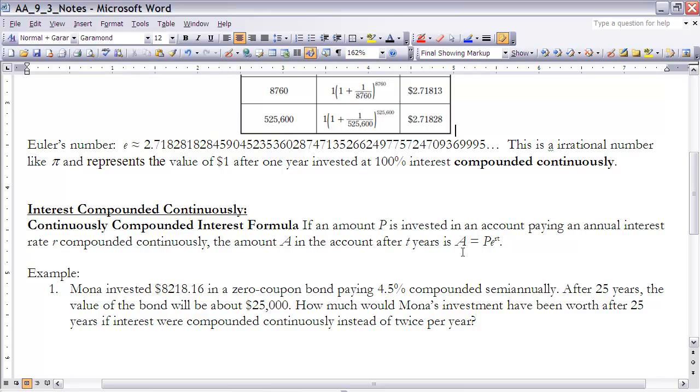Just like we had before with our interest formulas, we have our amount and our principal, but instead of 1 plus the rate raised to the time, we take e, that $1 compounded at 100% interest continuously, and raise it to the rate times the time. So A equals P e to the rt. I'm going to erase this so you can still see the formula there.